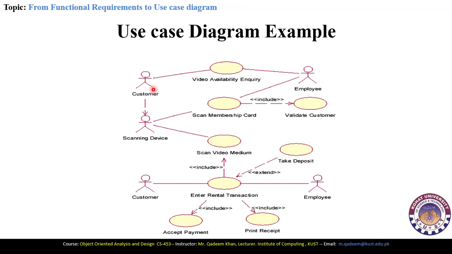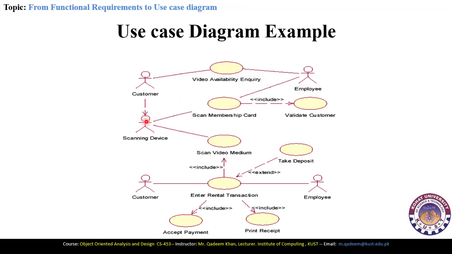So here, first of all, customers have to check the video availability inquiry, means whether the video is available or not here with us. Also, the employee will check whether the video is available or not.